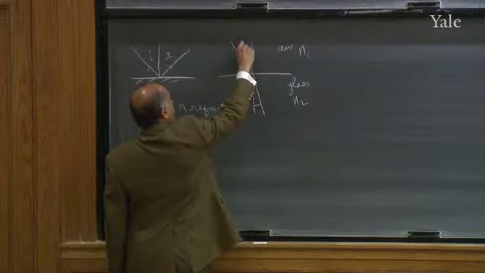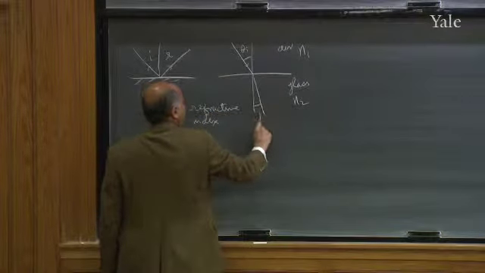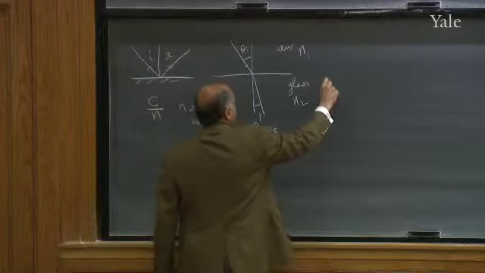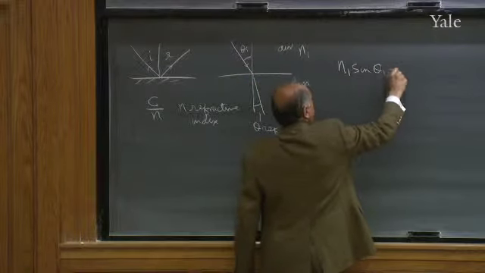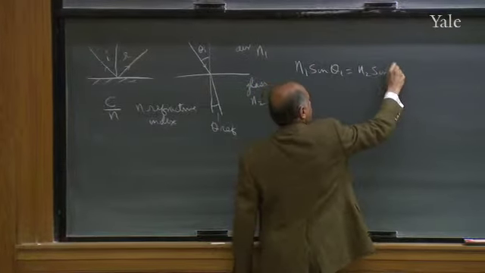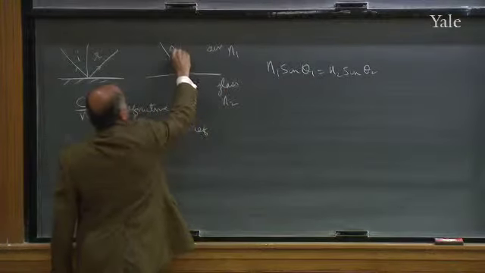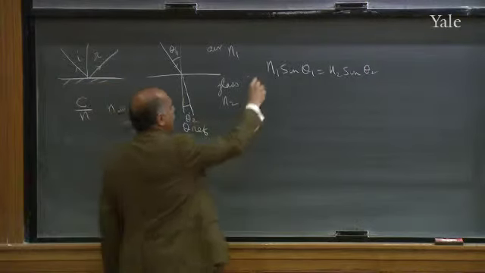If you call this theta incident and this theta refracted, there's a law called Snell's law that says n1 sine theta 1 is n2 sine theta 2. In fact, let me call them theta 1 and theta 2. This is called Snell's law.